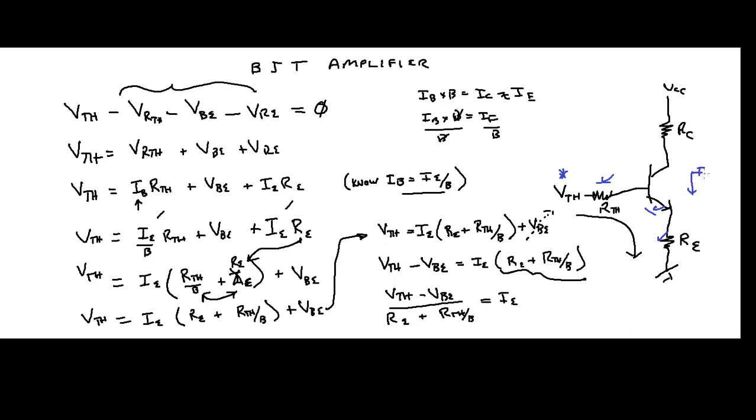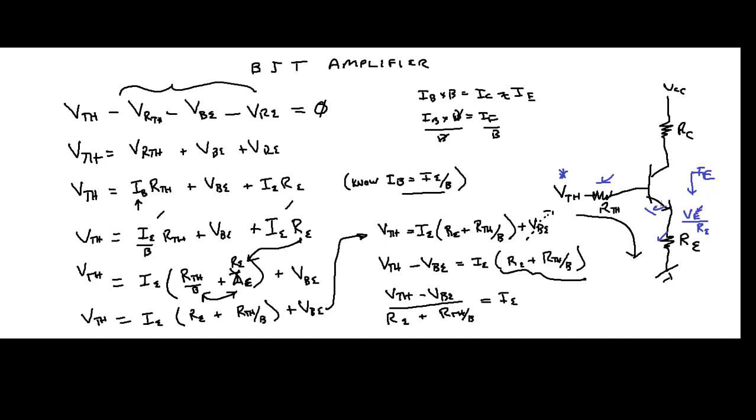IC is approximately equal to IE, right? How do we usually get it? We take this VE, whatever it is, and we divide it by RE. What's VE equal to?